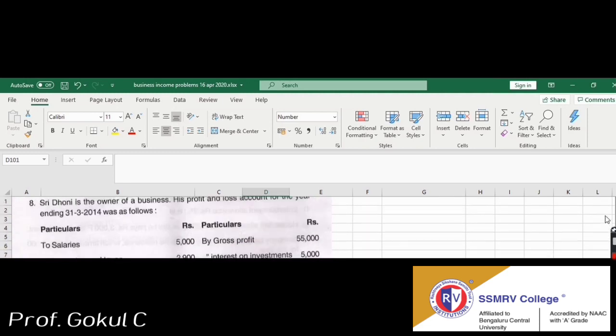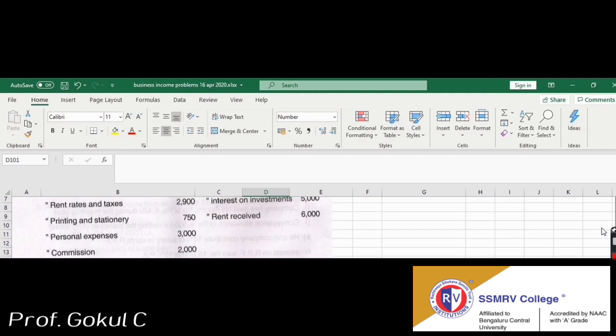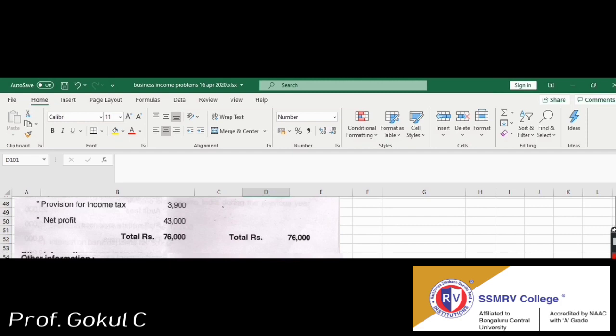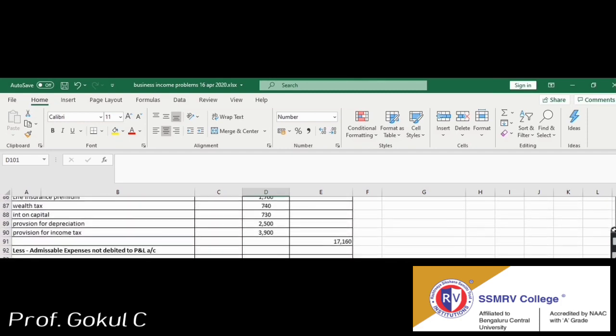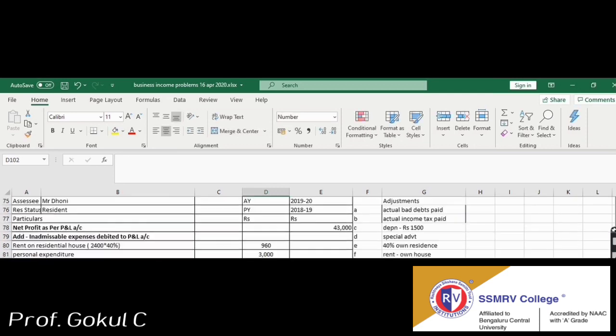Let us go to the other ones. Rent received. Any rent that you receive should not be part of your business income. It should be part of your house property. So rent received is 6,000 rupees.